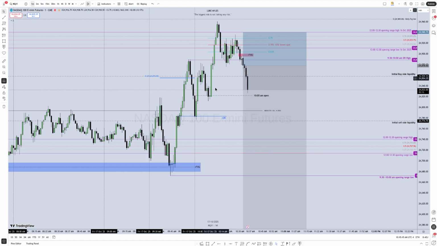And we happen to inverse this, but I'm looking at this initial buy side for precision, these levels, and the 10 a.m. We might happen to use this as a bearish breaker, so I'm going to mark that as red.